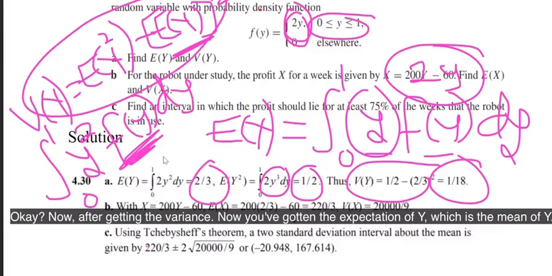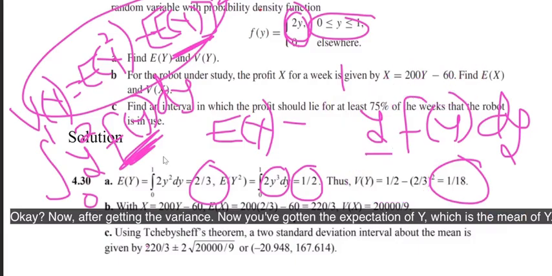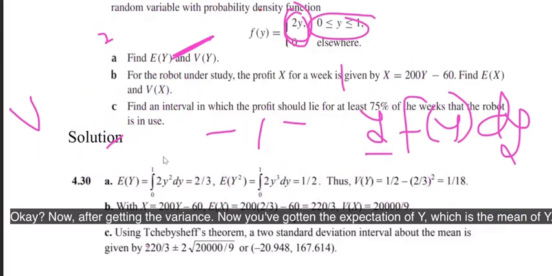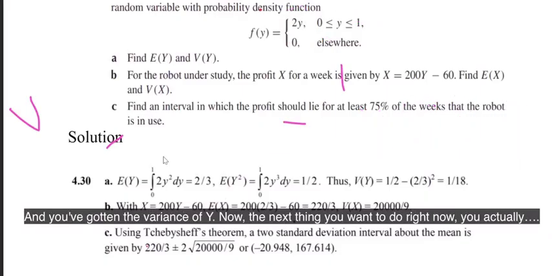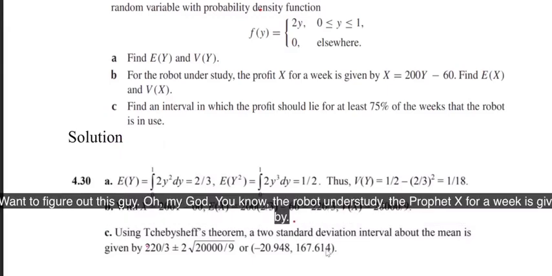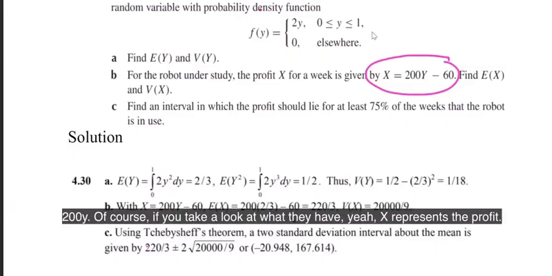Now, after getting the variance, you've gotten the expectation of Y, which is the mean of Y, and you've gotten the variance of Y. The next thing you want to figure out is this: the profit X for a week is given by 200Y minus 60. Of course, X represents the profit.